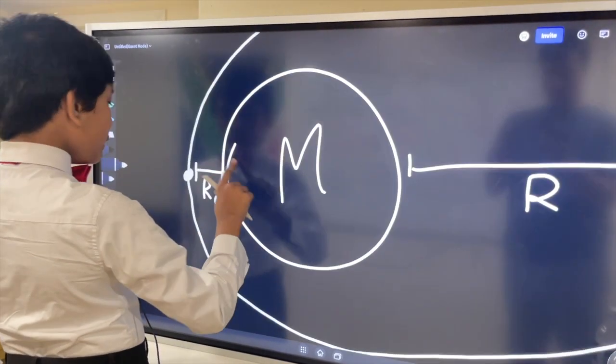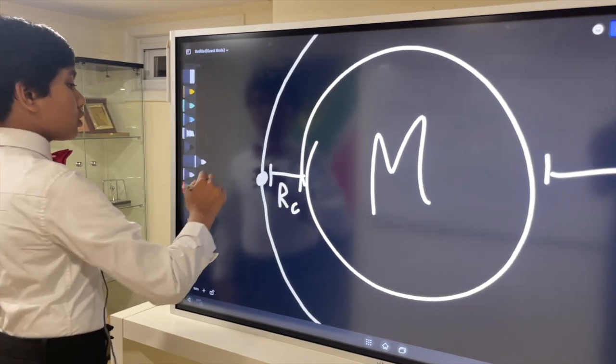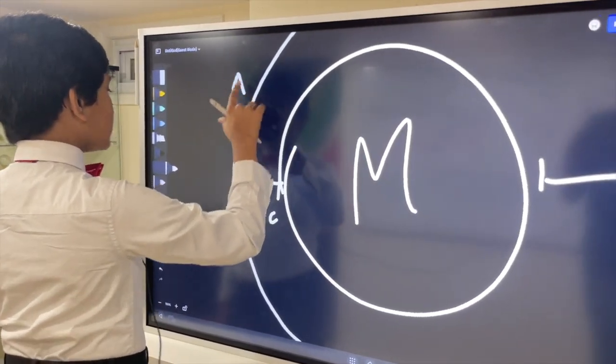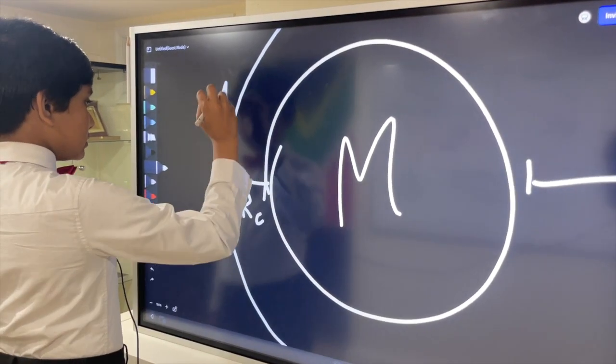Now, we know we call this RC, or R closest. Now, we can call its velocity here V closest.